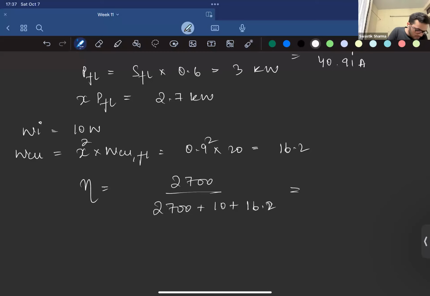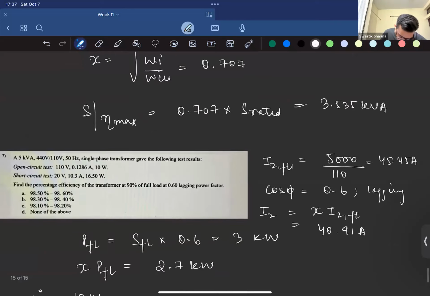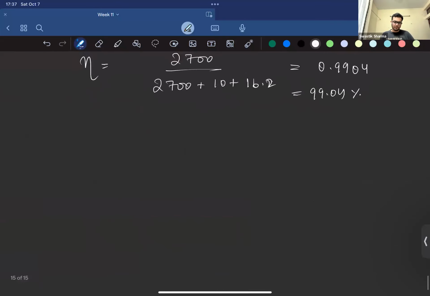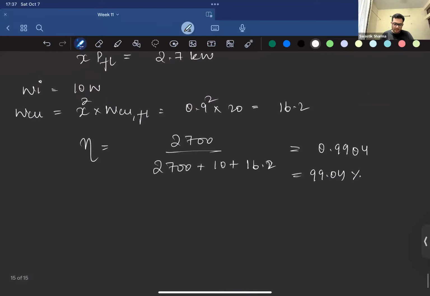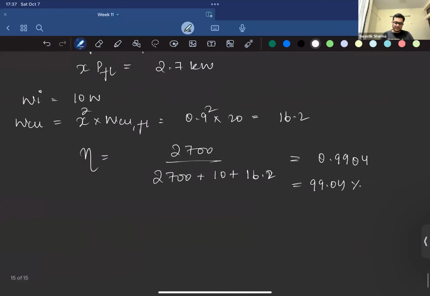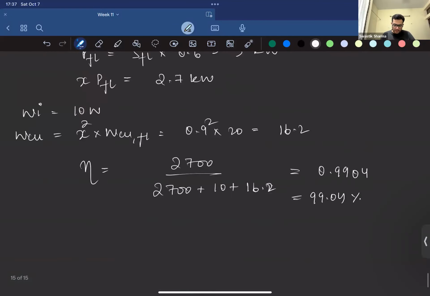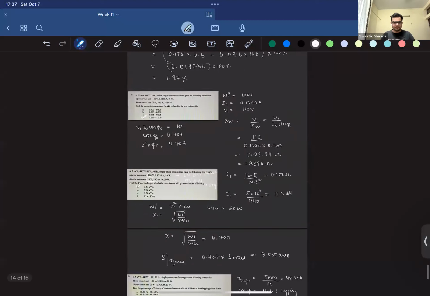So if we find the value, it would be 0.9904 or 99.04%. So the efficiency comes out to be 99.04%. And since none of the options match, the answer is none of the above. Right? You can see these are pretty straightforward. You just have to know what these values are and you can calculate these quantities. So any doubts up until now?